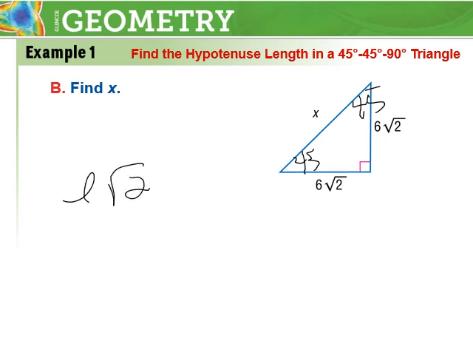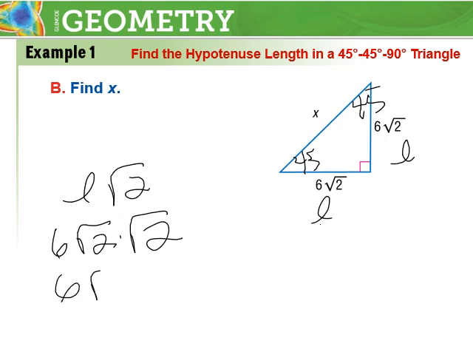Well, our L here, these are both L's, are 6 square roots of 2 times the square root of 2. Now that's nice, but it's not simplified. So we can say 6 times the square root of 4, because 2 times 2 under the radical is 4 under the radical. And we all know the square root of 4 is 2.